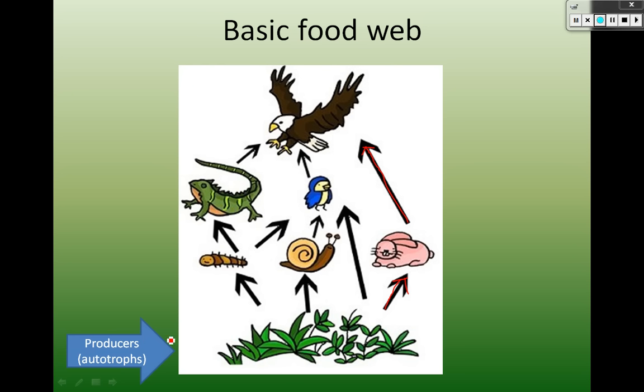But they're making their own food, auto meaning self, doing it themselves. And then everything else is a consumer, or a heterotroph. Hetero meaning other, so these organisms are getting food not by themselves, they're getting it from something else. And again, we saw these words autotrophs and heterotrophs in the notes on living organisms.